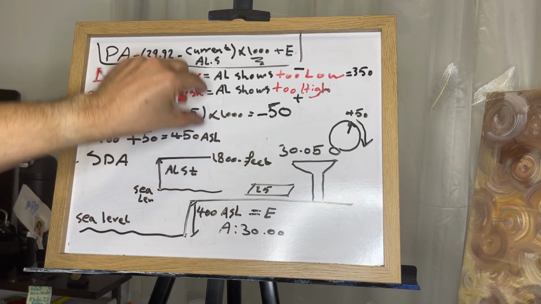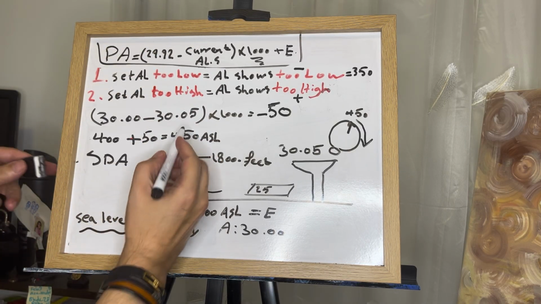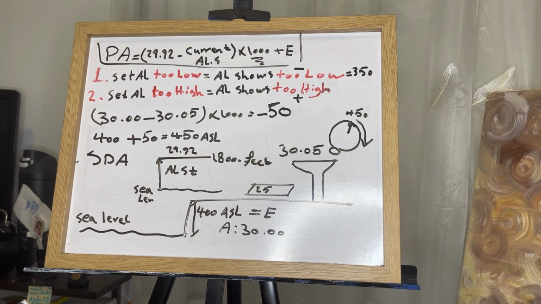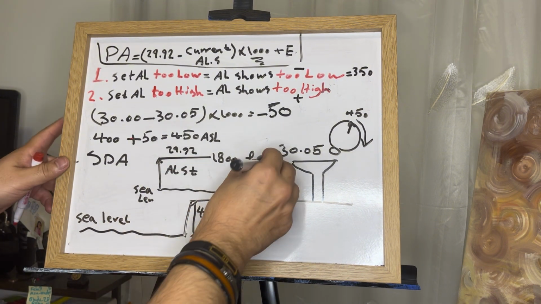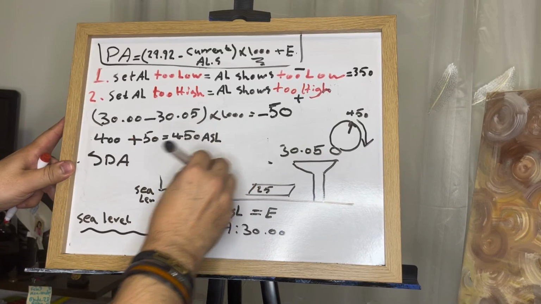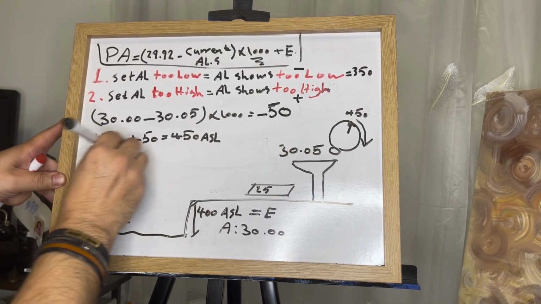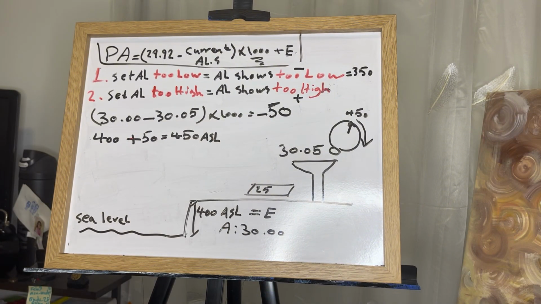And above 18,000 feet, you should set it to 29.92. This is aviation regulation in Canada. You should know about that. I just want to explain.